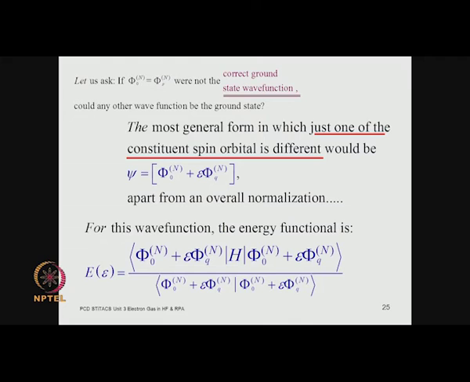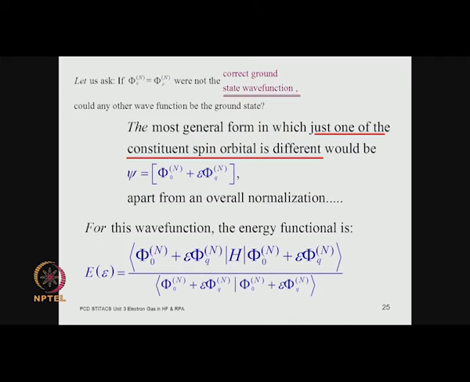So, the determinantal wave function is now a superposition of phi 0 and phi q, and this superposition is what I have written as phi 0 plus epsilon phi q. Okay.